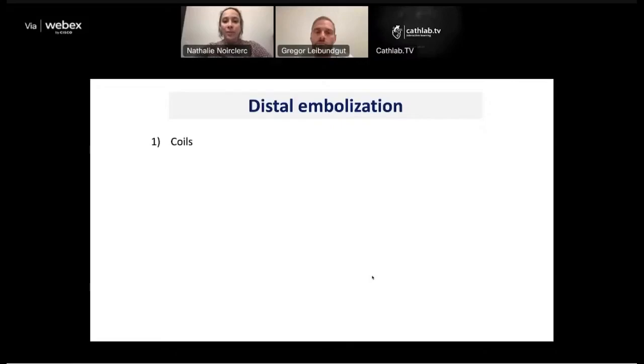So I'm just making a little summary of the devices that we can have for distal embolization. You can have either coils, gelatin sponge, subcutaneous fat, and something that's less well known, the microvascular plug.